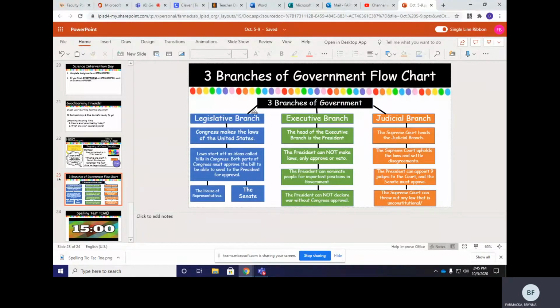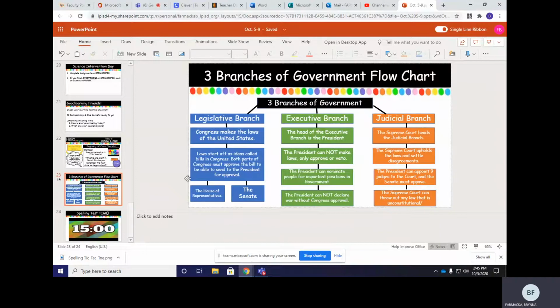And then we had our legislative branch, our executive branch, and our judicial branch. We had the first three main points: in the legislative branch, Congress is the head of it, and they are the ones who make the laws. In the executive branch, the head is the president. Then in the judicial branch, we have the Supreme Court being the head.